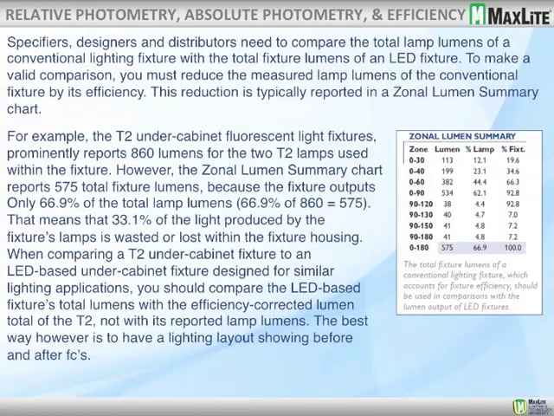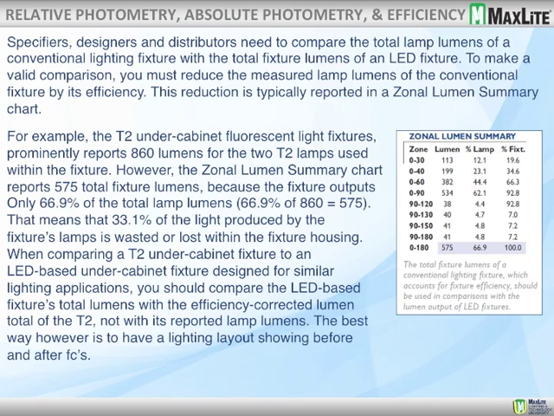If a lighting layout is not possible, then get your hands on the Zonal Lumen Summary Report for the old technology. In this case, we've got a summary report for an under-cabinet fluorescent fixture. The under-cabinet takes two T2 fluorescent lamps for a total of 860 lumens from those lamps. But the fixture output is 575 lumens.